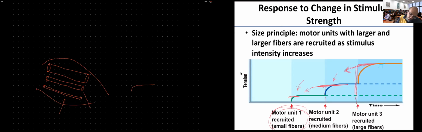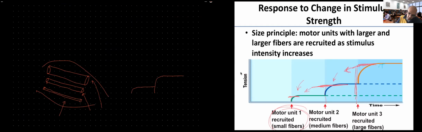If I recruited the medium one, this is the amount of tension that I would be creating. If I recruited the large muscle fiber, this is the amount of tension that I would be creating. So higher force of contraction is due to larger size of the recruited muscle fiber.